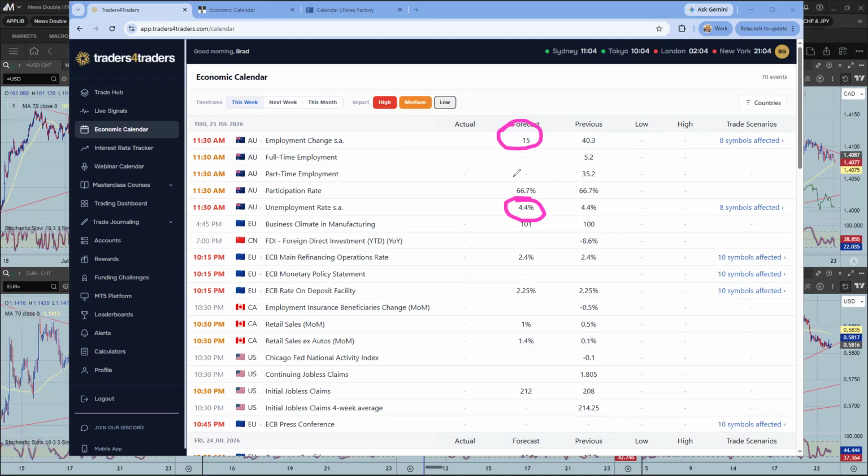As I was saying before, keep an eye on the full-time number. If there's a significant drop or increase from the previous number, then that could be important, because the employment change might come out as, say, 100,000, and you think, wow, that's a massive number.